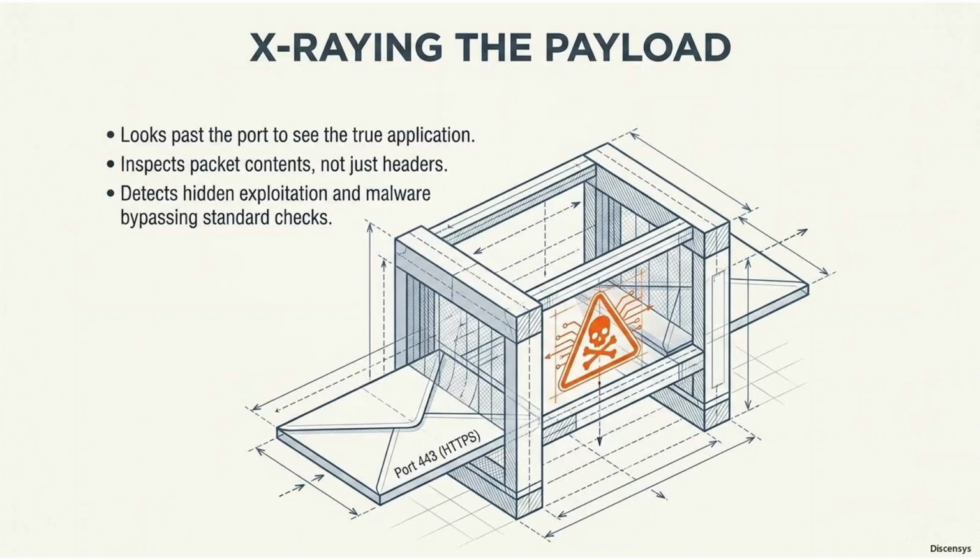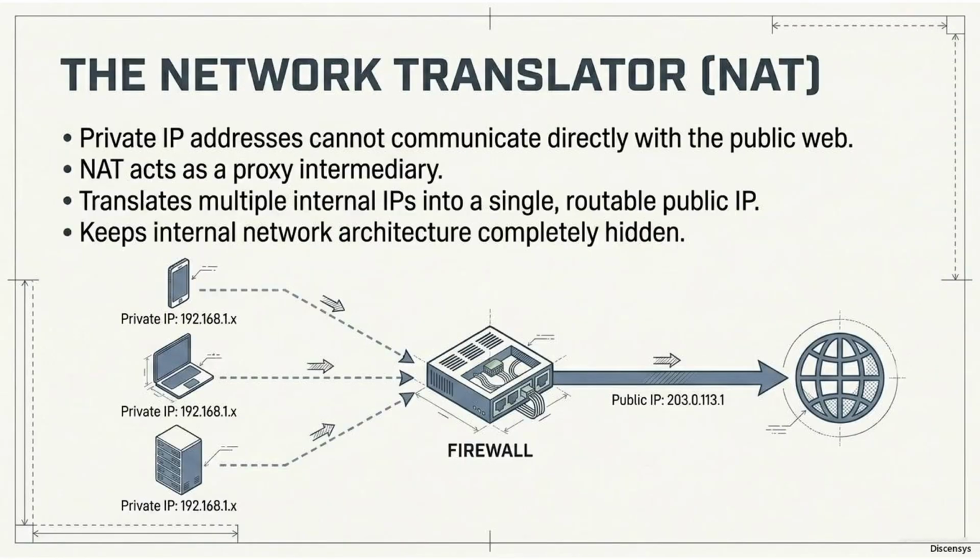Now again, imagine Discensys has 300 employees and one company address. Then a courier arrives, and the receptionist distributes it internally. The receptionist plays the role of NAT, and then suddenly NAT feels natural. So let's understand it technically. The network address translator, NAT: private IP addresses cannot communicate directly with the public web. Here the public web means outside visitors or anyone coming from outside, and private IP addresses are the employees.